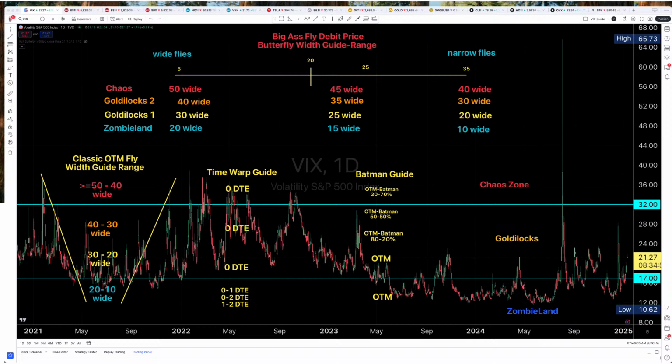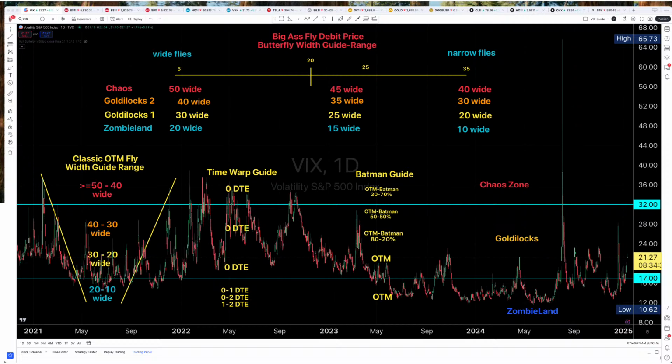That means that we're going to have excellent pricing on our options. They're going to be cheap, believe it or not, in high volatility, which seems counterintuitive, but when we're talking about butterflies, that means we can get into wider flies for less cost and lower gamma, or less sensitivity to movement of price. So that's all good.